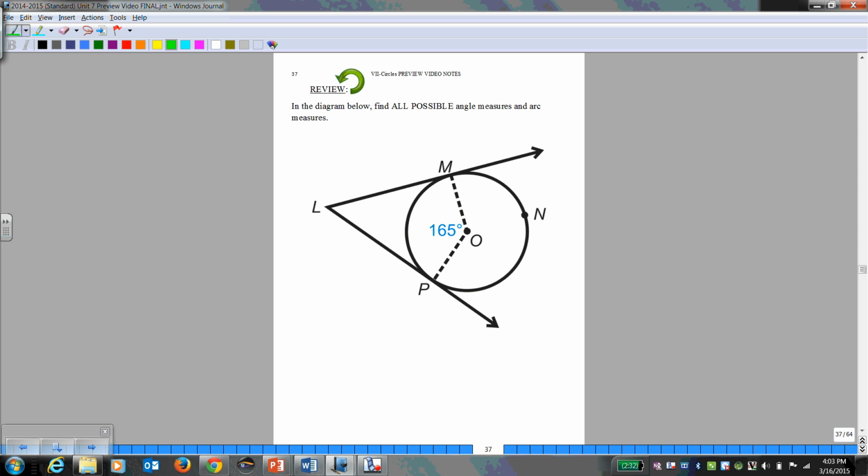It says in the diagram below, find all possible angle measures and arc measures. Make sure there's an "and" there. You have 2 minutes.